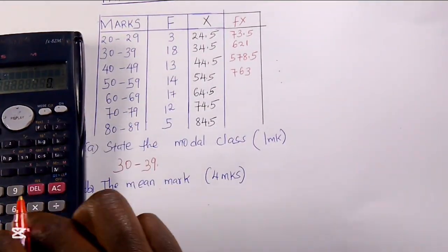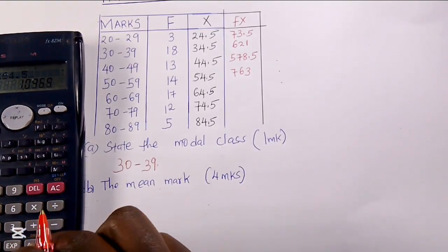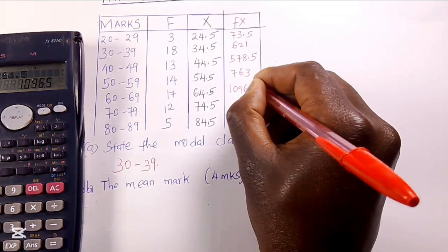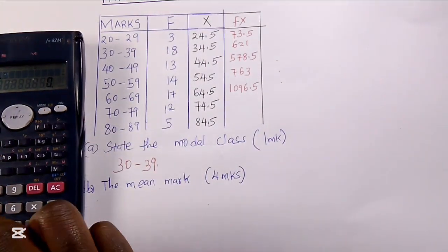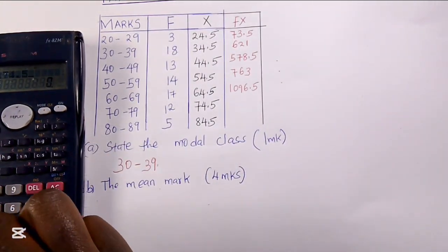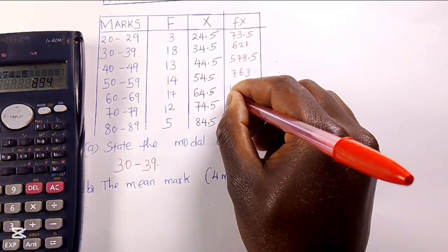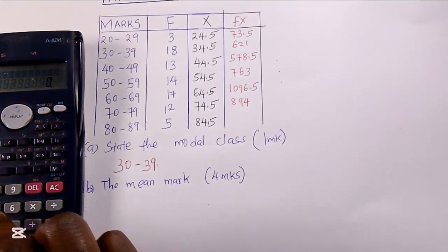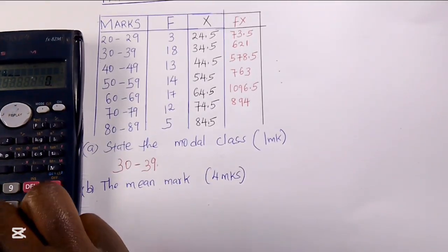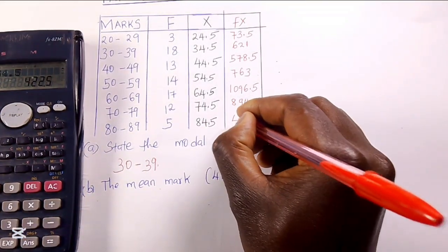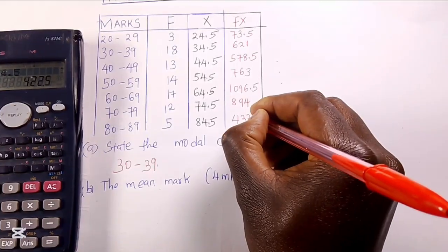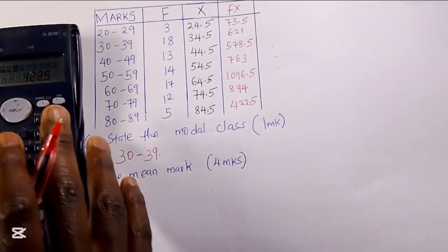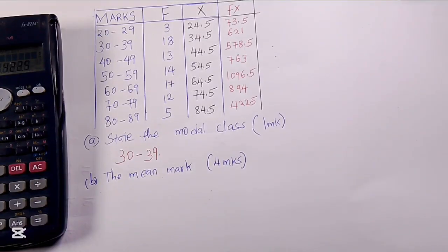Then we have 17 times 64.5, that is equal to 1096.5. Then we have 12 times 74.5, that is equal to 894. We then have 5 times 84.5, that is equivalent to 422.5.